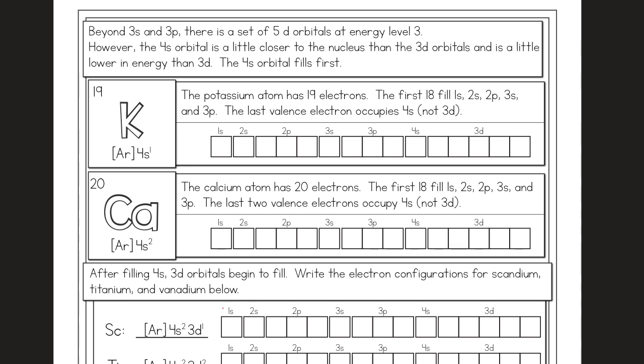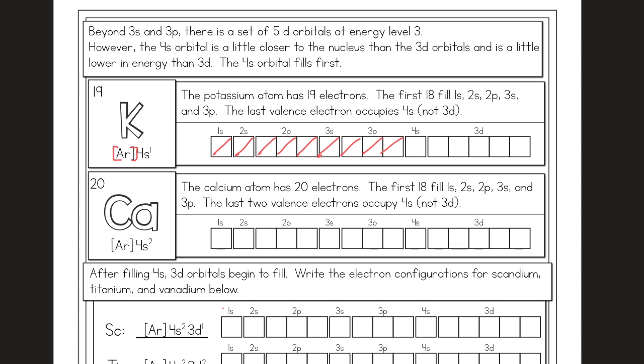So argon is the noble gas that comes before potassium. So argon has 18 electrons, so we can go ahead and put those in. 2, 4, 6, 8, 10, 12, 14, 16, 18.